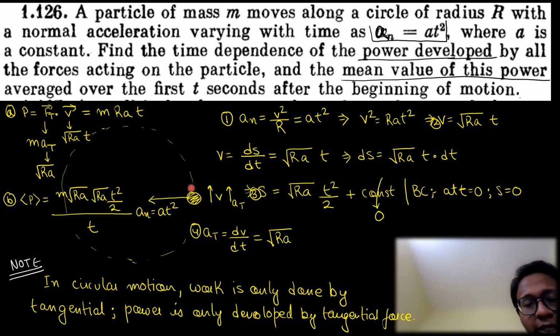So if you consider distance here, it won't be incorrect in circular motion. Understood? So t and t square get cancelled. Instantaneous power is m RA t, and average power is m RA t by 2.